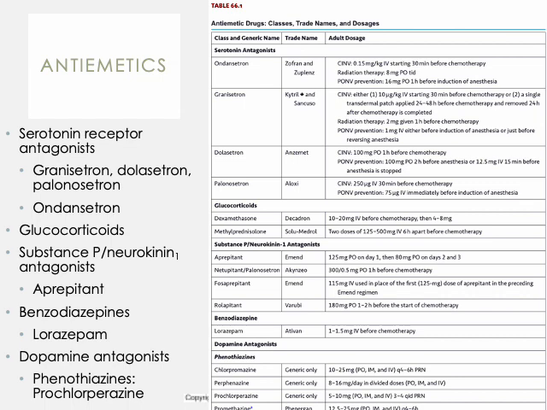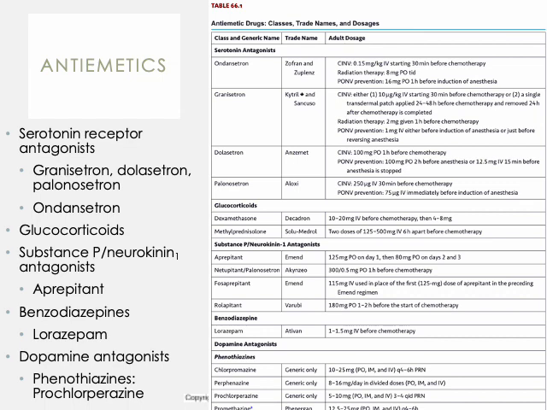And the last class that we'll look into are the dopamine antagonists. And the ones that we are looking at, the most common one is the phenothiazines. And then we have some other ones that are produced in generic form only. And another one that you should be familiar with under the dopamine antagonist classification is Phenergan, which is promethazine.